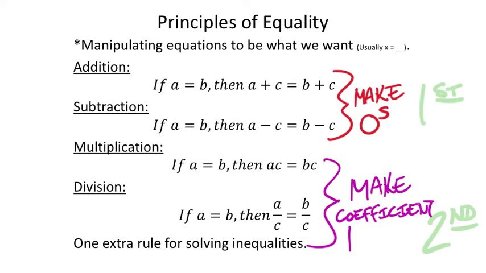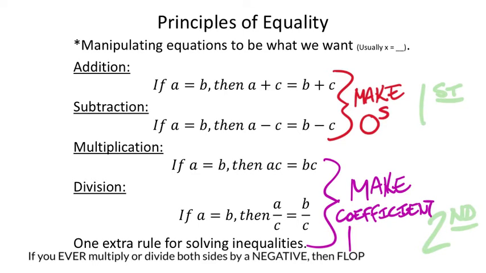Now at the bottom here, we see that there is one extra rule, which we have already seen from last time, and that is that if you ever multiply or divide both sides, so that's a principle of equality, either multiplication or division, if you ever multiply or divide both sides by a negative, then flip the inequality.